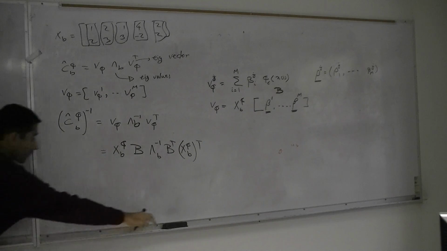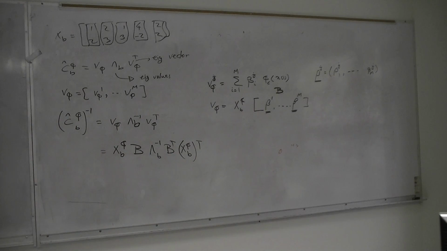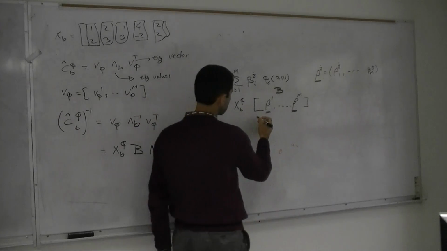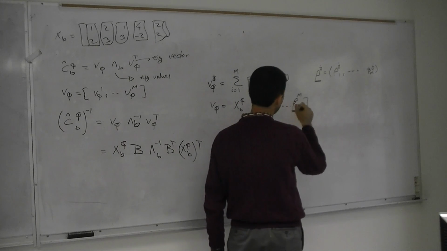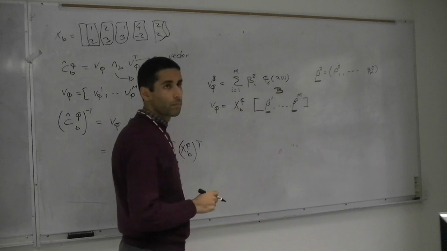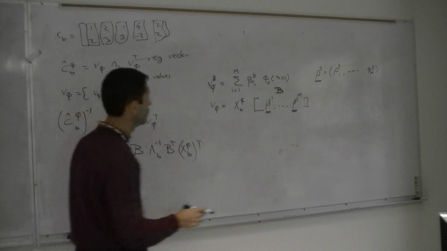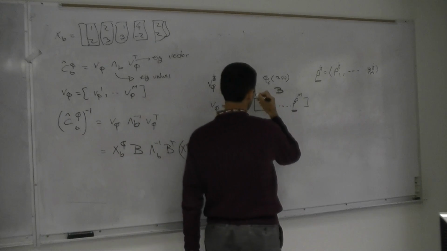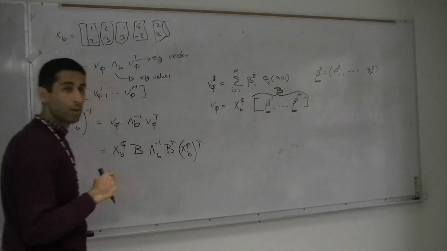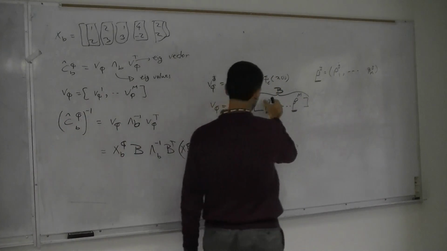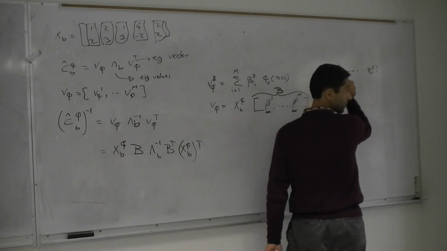The capital B is this matrix of betas. It's an n by n matrix, each column of it for one eigenvector.